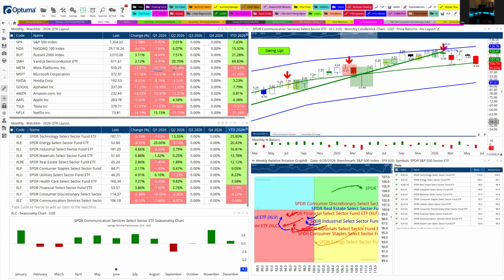Meta down 2 quarters, Microsoft down 2 quarters, NVIDIA down 2 quarters, Google down 2 quarters, Amazon down 2 quarters, Apple barely making them, Tesla down 2 quarters. Netflix is down only 1 quarter.